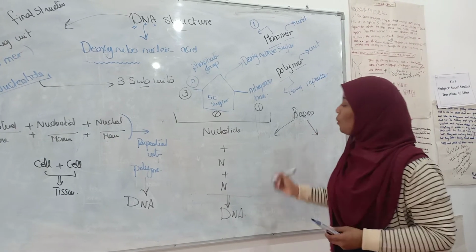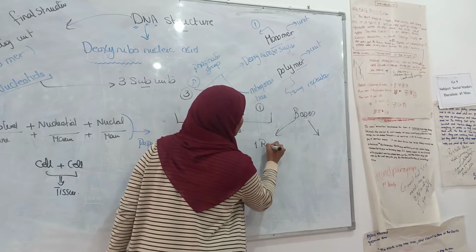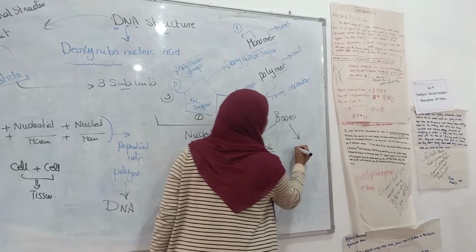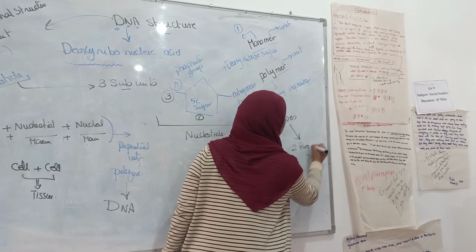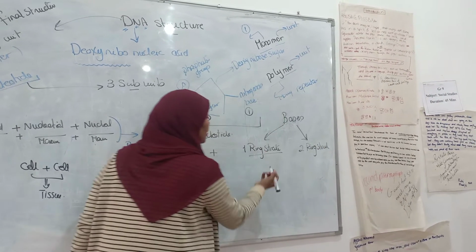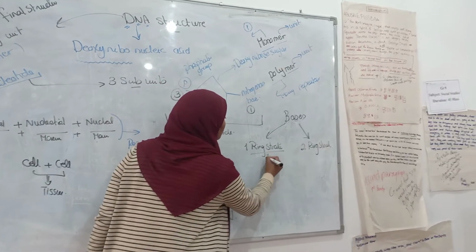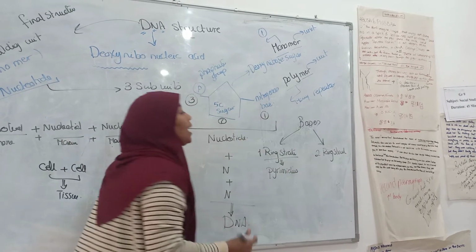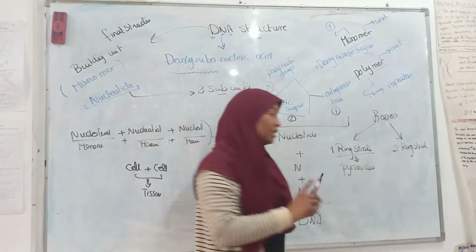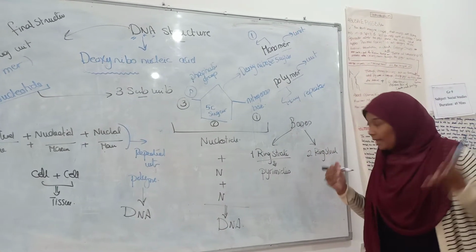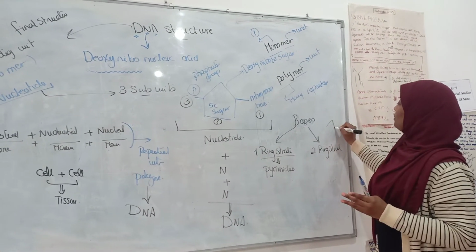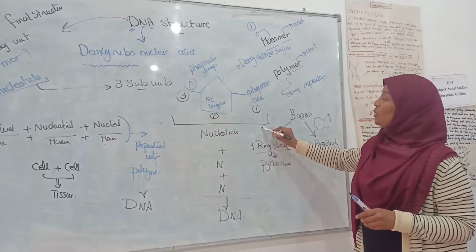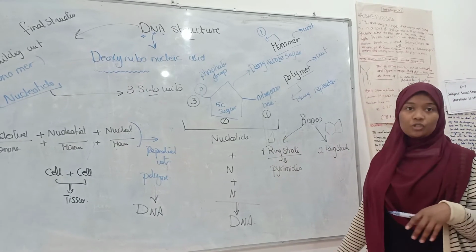Based on their structure, whether they are formed of one ring structure, or they are formed of 2 ring structure. If they are just formed of 1 ring structure, they will be called pyrimidines. And if this base is formed of two ring structure, two rings joined together, that is how it was created. Here it's only one ring forming the structure.